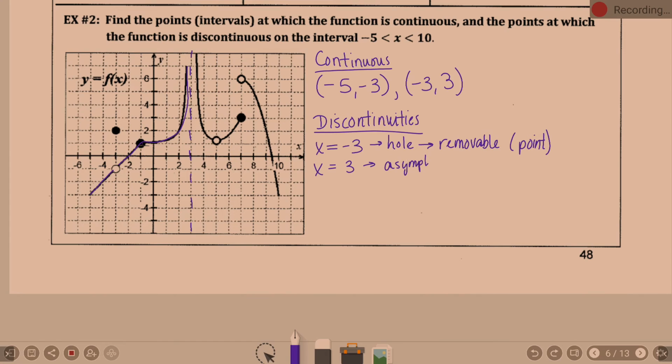What do you know about an asymptote? Okay, it is non-removable. I should just not look at my answer key at times.